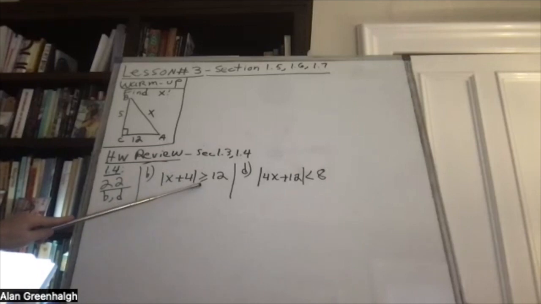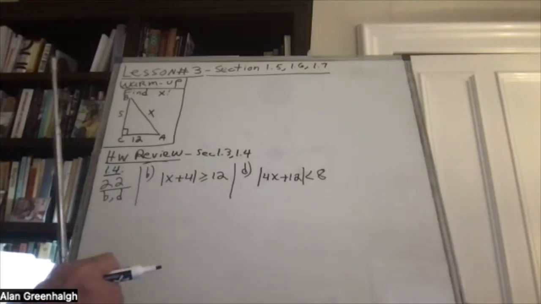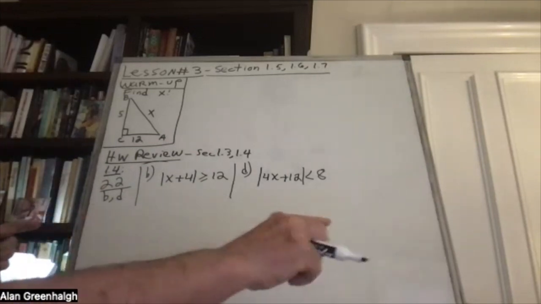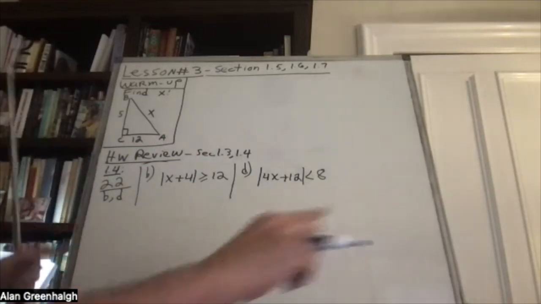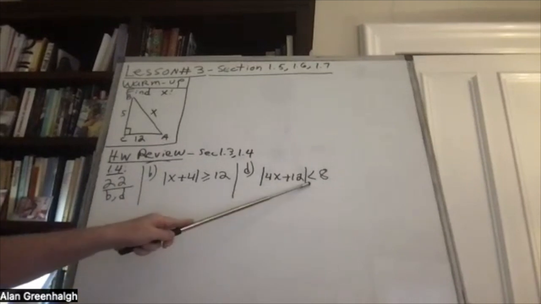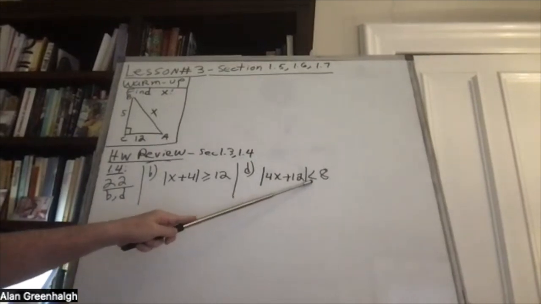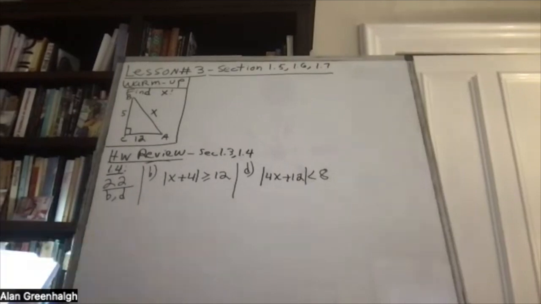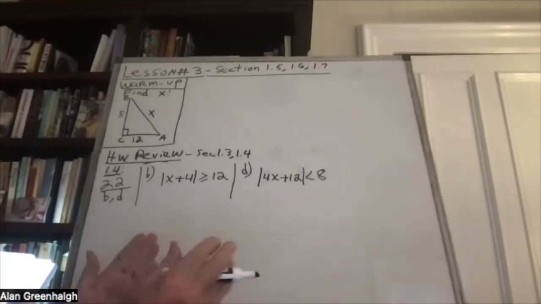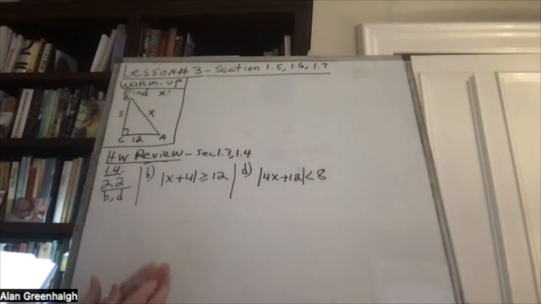One of them is a greater than. That's going to wind up being an "or" situation, where the two solutions are going in opposite directions. This less than implies that it's an "and" situation where the two solutions come together. Now, that'll become much more clear to you in a few minutes as we now do these problems.